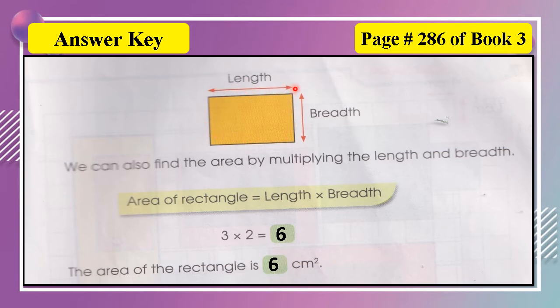This is length and this is breadth. We can also find the area by multiplying the length and breadth. Formula: area of rectangle is equal to length multiplied by breadth.